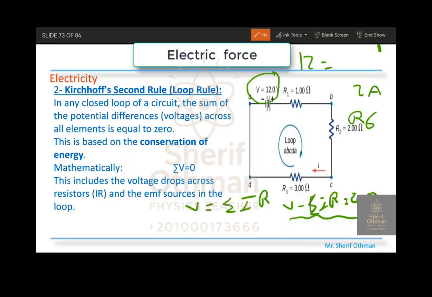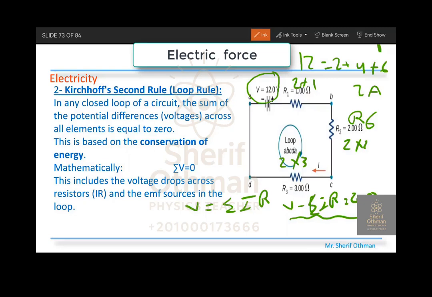So 12 is equal to 2 times 1, which is 2, added to 2 times 2, which is 4, and added to 2 times 3, which is 6. So 12 equals 2 plus 4 plus 6.